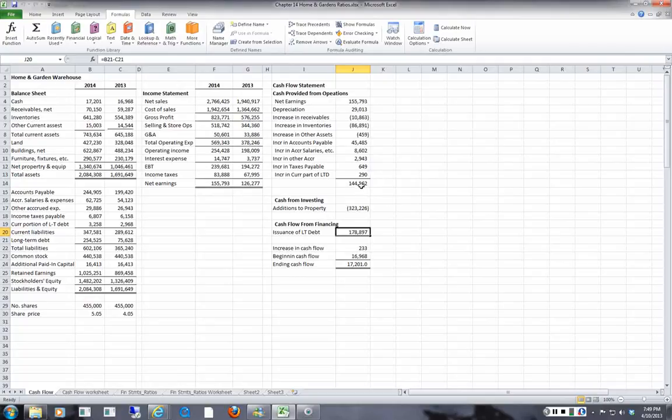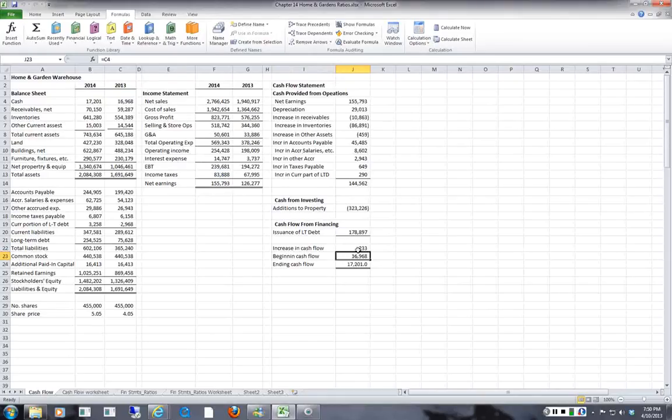So you take all these and you can see the addition of 144,562 less 323,226 plus 178,897, and you have an overall increase of just $233. And that you add to the cash at the beginning of the year, which is that figure right there, and you pluck that off the balance sheet.